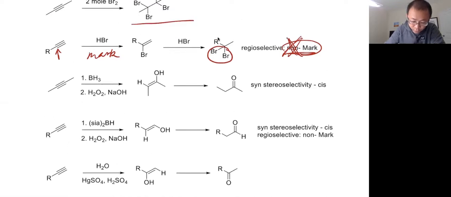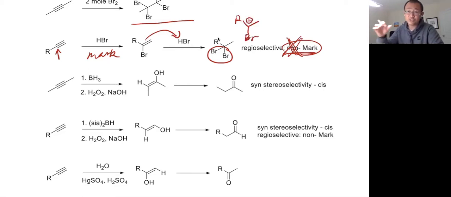Now, this intermediate is a little unique. I want to show you. After getting the proton from the second HBr, we got this intermediate. Of course, we know this is a tertiary carbocation, which is more stable, but there's another factor that makes the second HBr addition follow Markovnikov: Br can actually stabilize the carbocation using resonance.